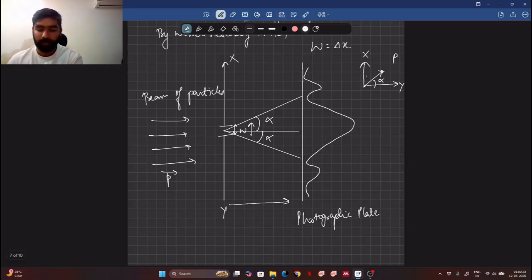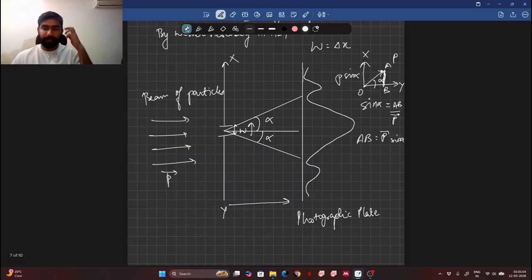So this axis would be P sine alpha. So sine alpha would be AB upon OA, and OA is P. So we have AB as P sine alpha.